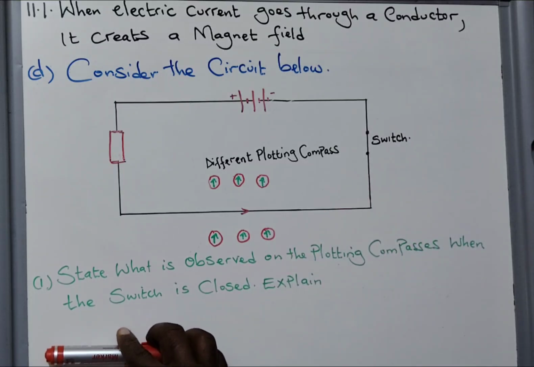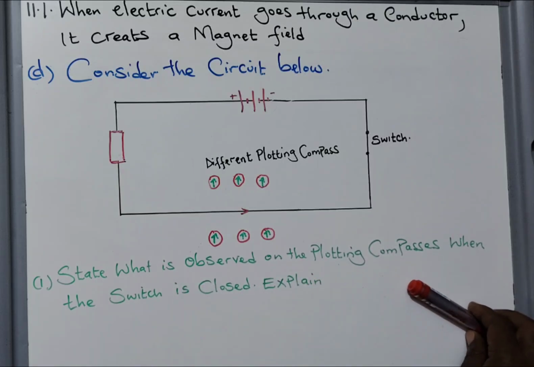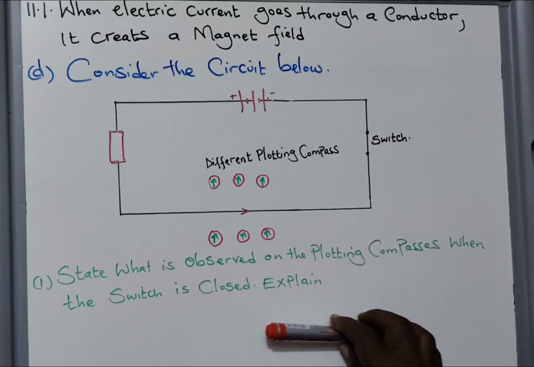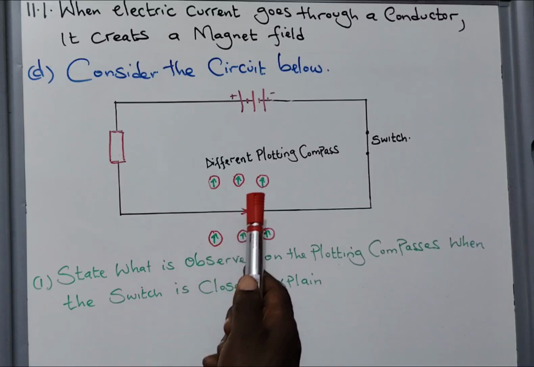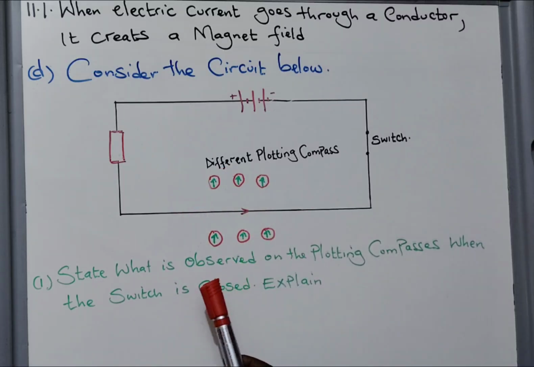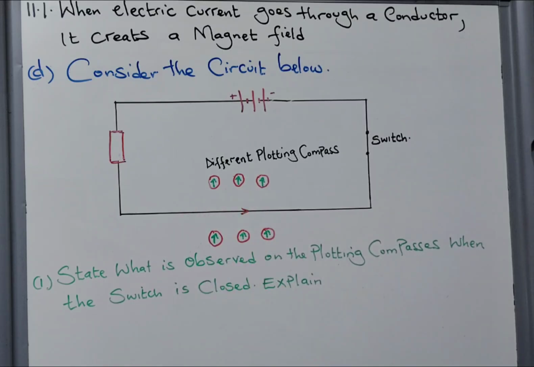The question says, state what is observed on the plotting compasses when the switch is closed and explain. What is observed is that all the compasses point in one direction.